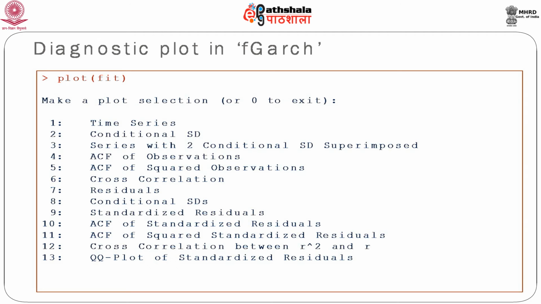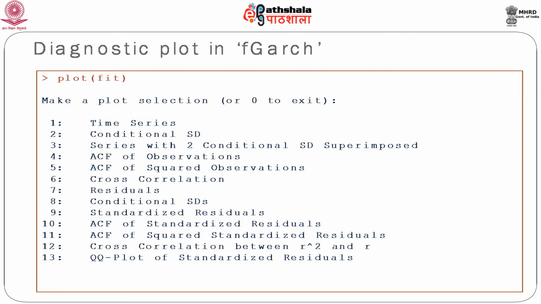Then it will give a list of diagnostic plots: time series plot, conditional standard deviation, series with 2 conditional SD superimposed, ACF of the observations, ACF of squared observations, cross correlation, residuals, conditional SDs, standardized residuals, ACF of standardized residuals, ACF of squared standardized residuals, cross correlation between r squared and r, and QQ plot of standardized residuals.